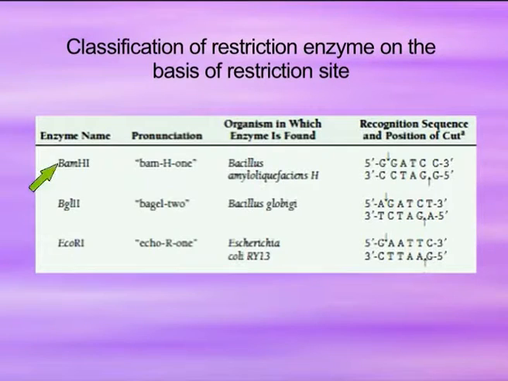In this way we can classify restriction enzymes. The most common enzymes are those with 6 base pair recognition sequences, like BamHI and EcoRI. They are isolated from different strains of bacteria, and their recognition site contains 6 nucleotides, and most of these sequences are palindromic in nature.